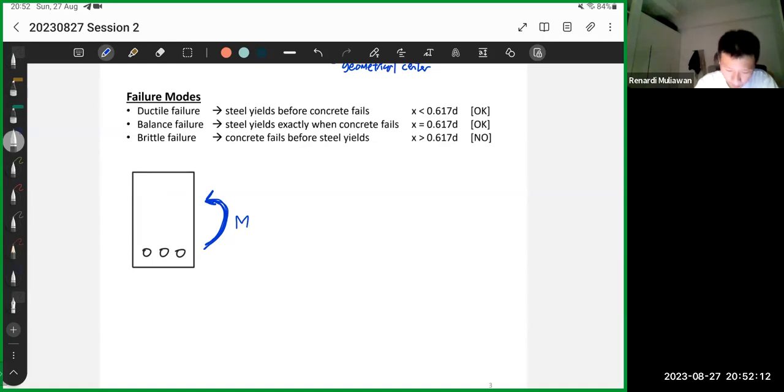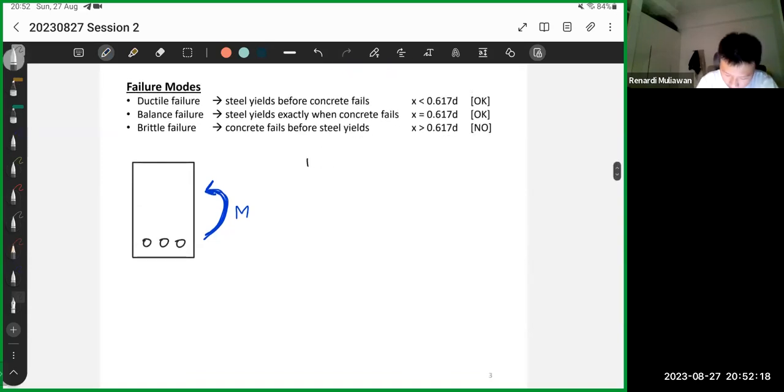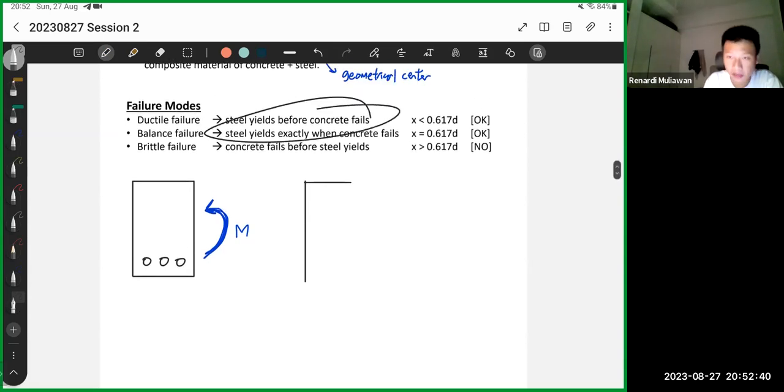And then what do we do next? Let's draw the strain diagram. This is basically zero strain. Then of course the top gets compressed, something like that, and then the bottom gets pulled. So let's start with ductile failure. What ductile failure means is steel yields before concrete fails.